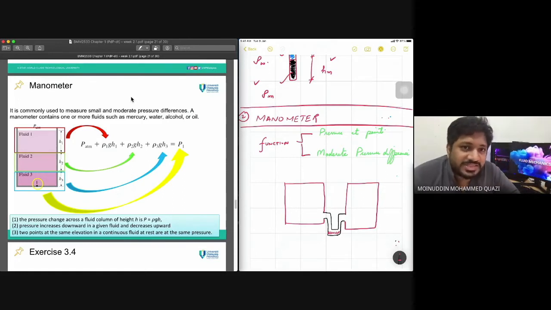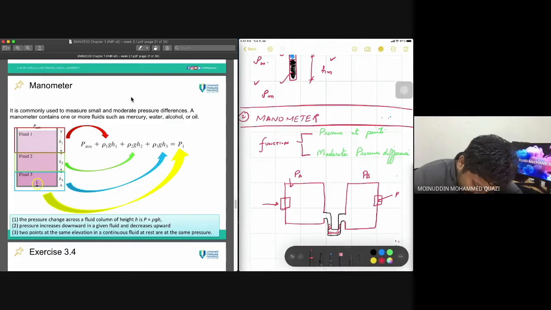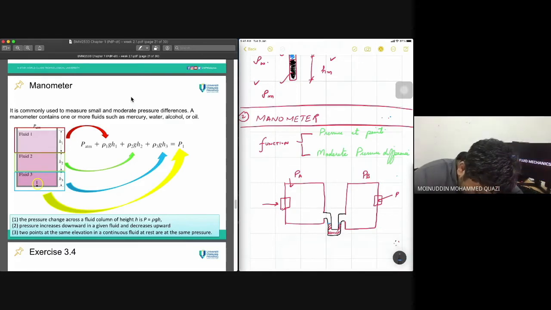Now the pressure in both rooms is the same. Both Shamil and Alif have opened the windows, so atmospheric pressure is inside, and he also opened the window and atmospheric pressure is inside. So pressure in room A is equal to pressure in room B. Now because I put some mercury inside, the height of the mercury on both sides will be equal, because both rooms are exerting the same atmospheric pressure.